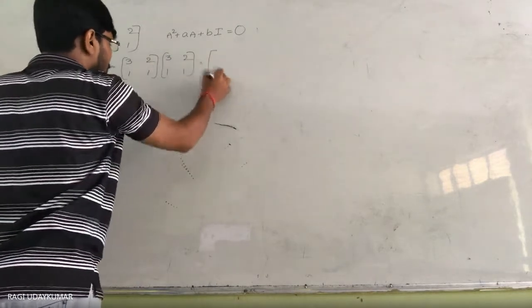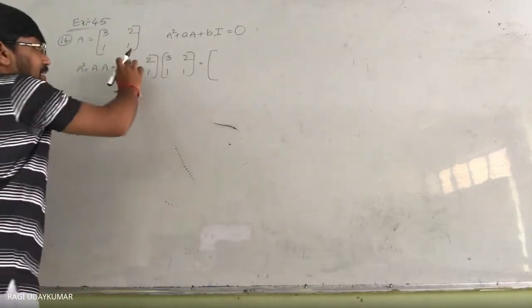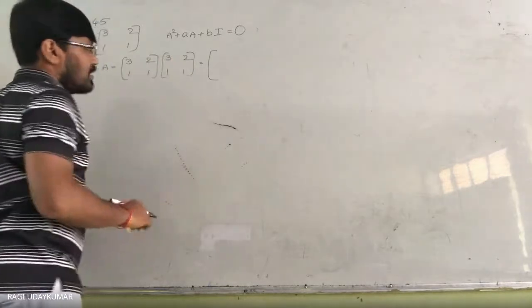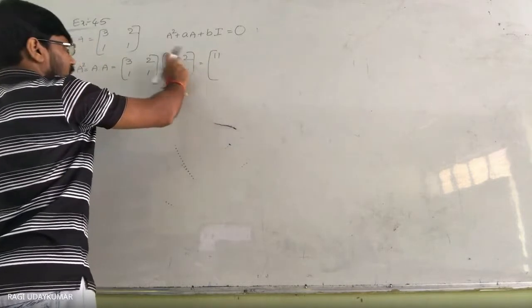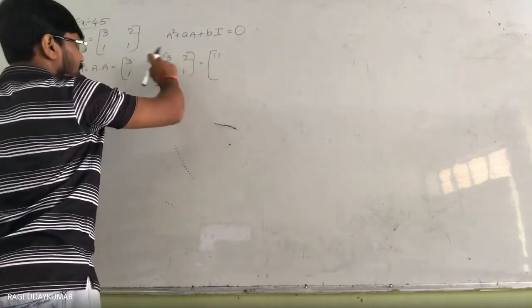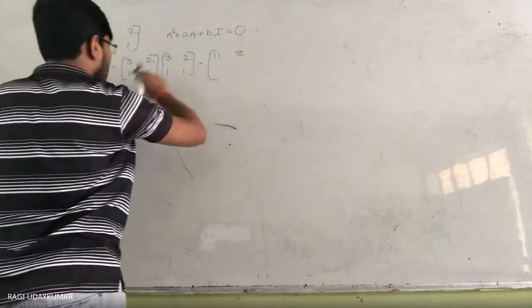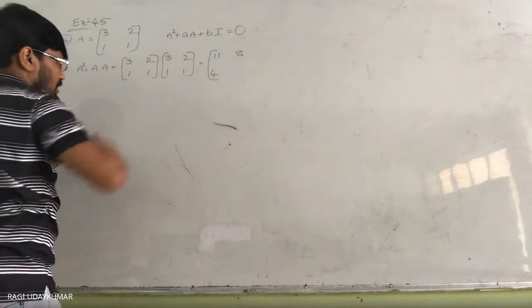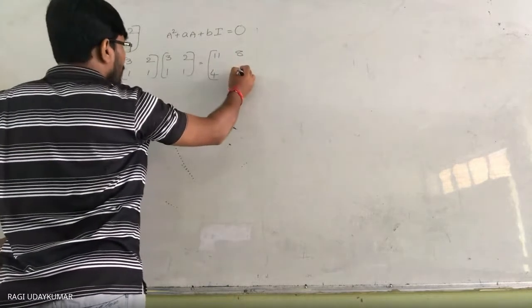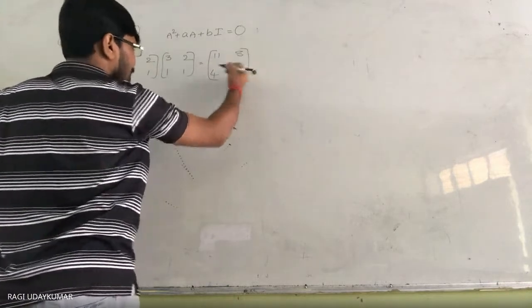So what do you get here? 3 3s are 9 plus 2, 11. 3 2s are 6, plus 2, 8. 3 1s are 3, plus 1, 4. 1, 2 plus 1, 3. So this is A square.